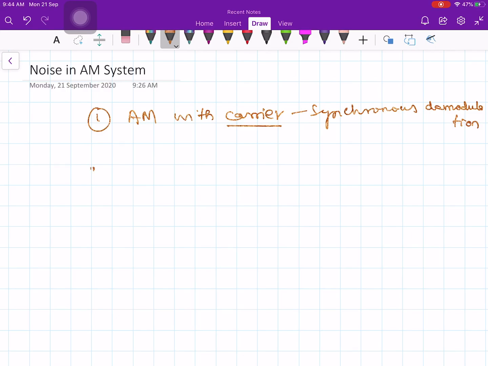And the second one is demodulating with the envelope detector. Envelope detector. That's it. So first we will consider AM with the carrier and synchronous demodulation.